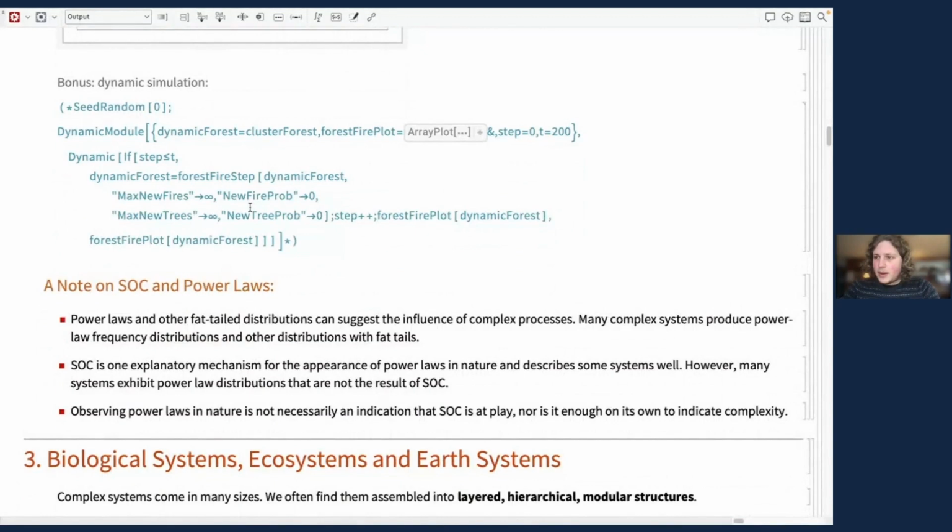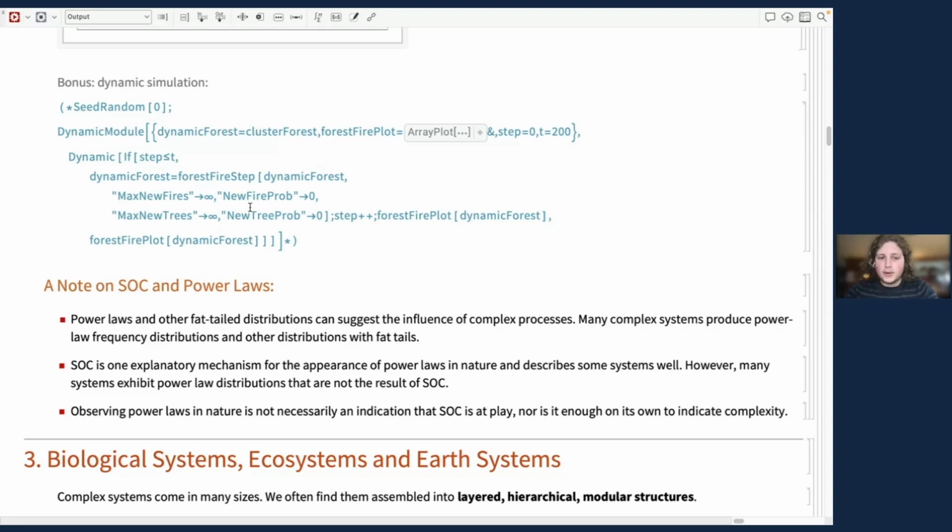Power laws are very frequent in complex systems, and self-organized criticality is one explanatory mechanism for the emergence of power laws. But I should clarify that there are other processes that can result in power laws in complex systems, and in fact, many complex systems that we think are very unlikely to exhibit self-organized criticality do present power law, scale-free behavior.